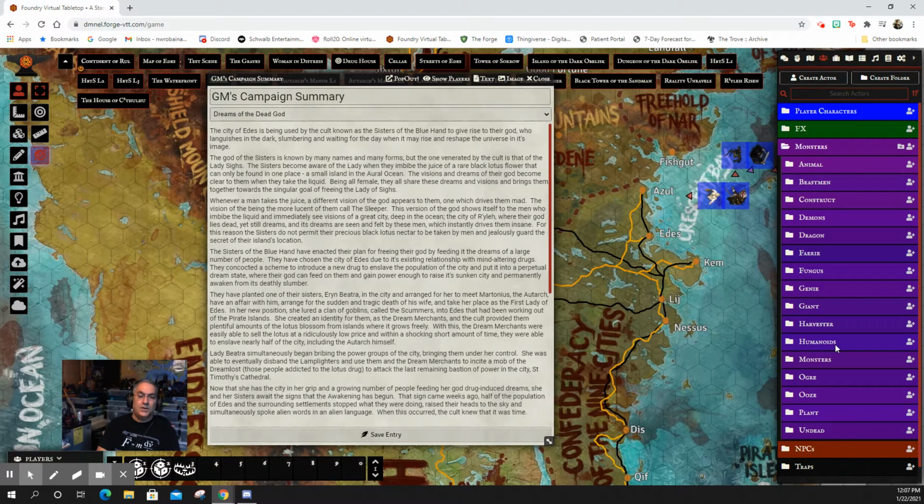And so once she was out of the way, this sister, whose name is Erin Beatra, managed to convince the autarch to marry her to become the new first lady of Eads. And so when that happened, she was able to get the autarch under her influence by getting him hooked on the lotus petal.